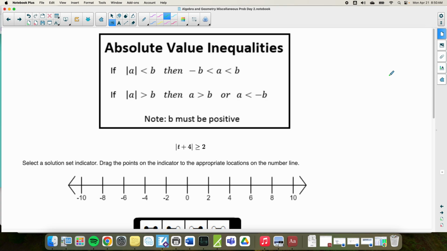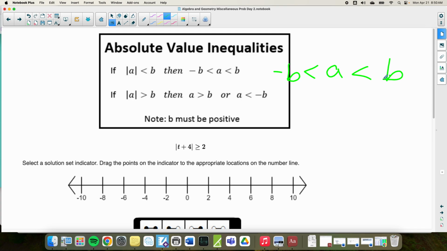But when you take the absolute value of A and it's less than B, you keep the signs as less than, okay? And if this is B, you put negative B here and positive B here. Now, there will be numbers in here, not just letters, and then you would solve it.